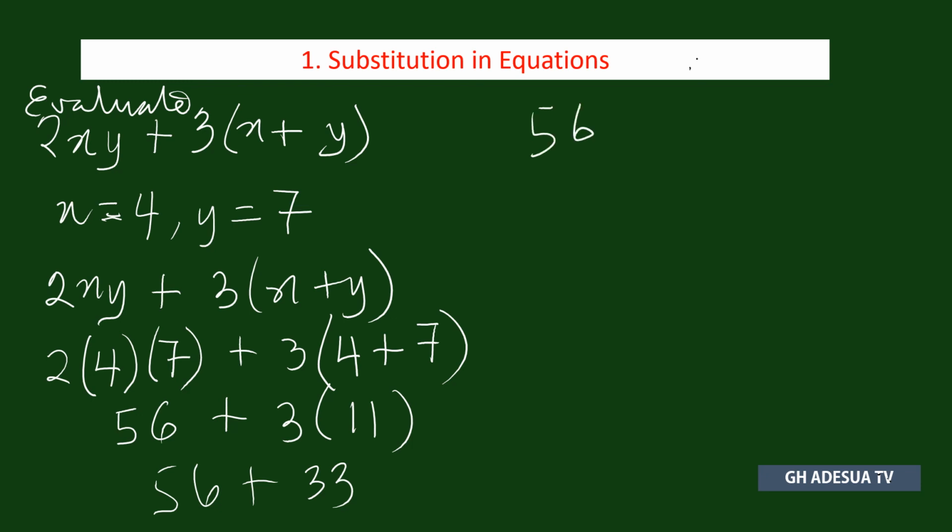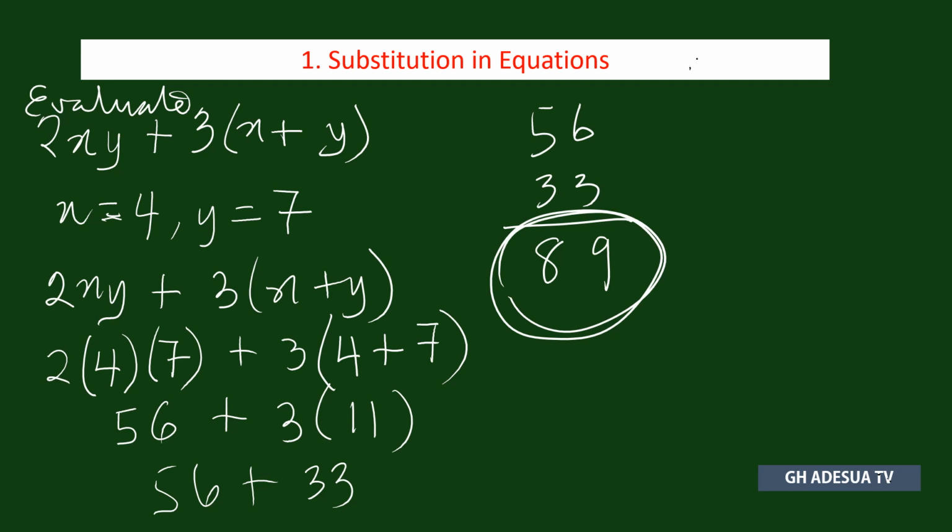So let's add it longitudinally like you do always. 6 plus 3 is 9. 5 plus 3 is 8. So your answer is 89. 89 is option B in the objective question where we picked this question from.